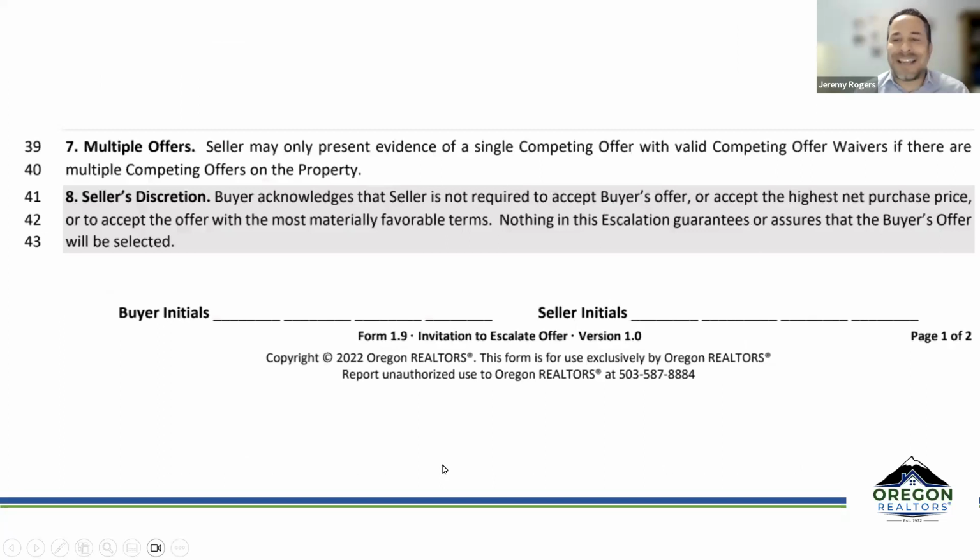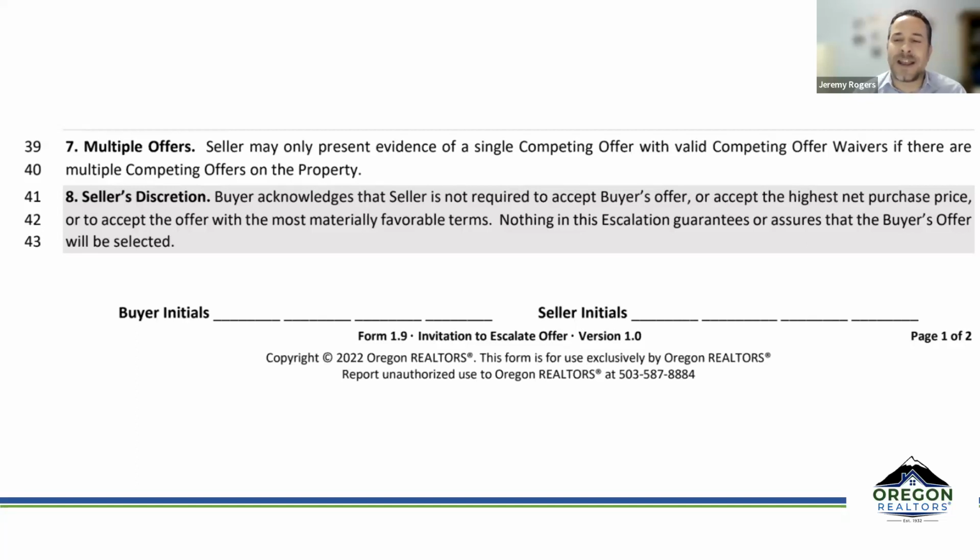All right, so the next section we deal with multiple offers. So we say that seller may present evidence of only a single competing offer with valid competing offer waivers if there are multiple competing offers on the property.